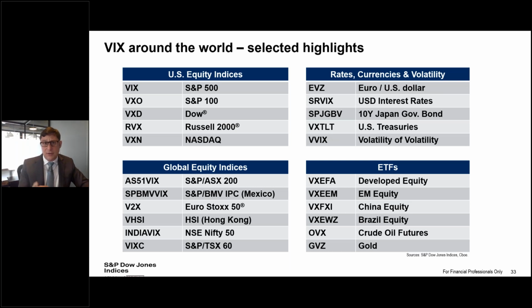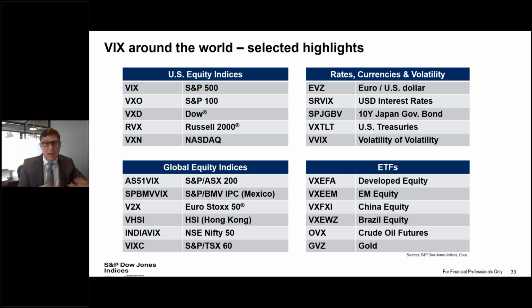VIX futures themselves on the original VIX are by far the most liquid, but in terms of indicators and giving you a gauge for volatility expectations, you've got a range of US equity indices, global equity indices, and cross-asset class measures that can be used not just to judge whether the VIX is high or low relative to other asset classes, but to think about cross-asset volatility.